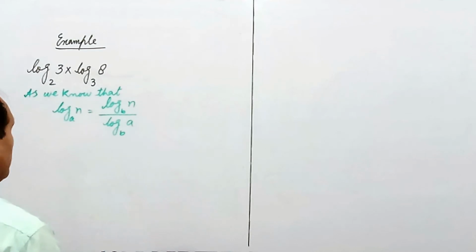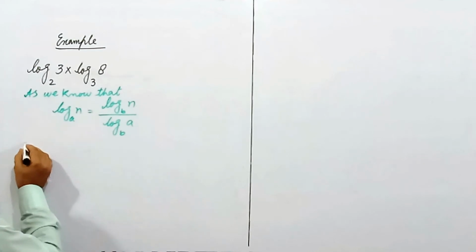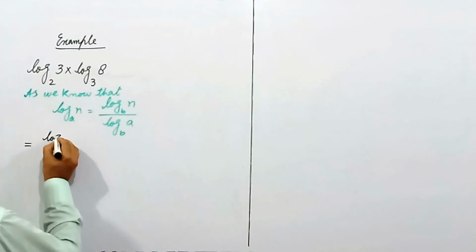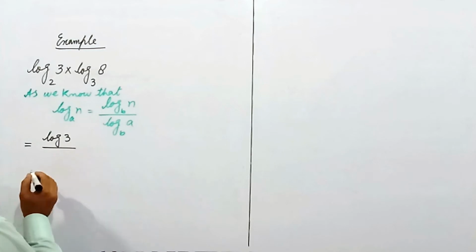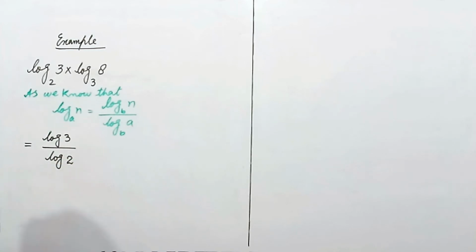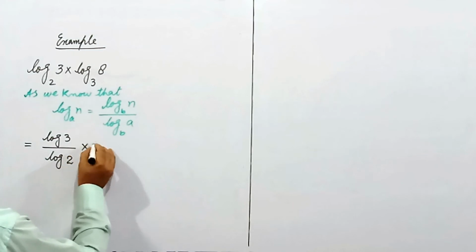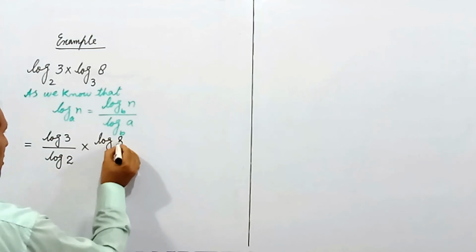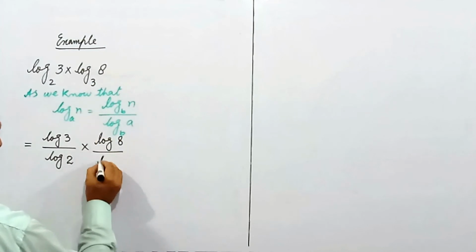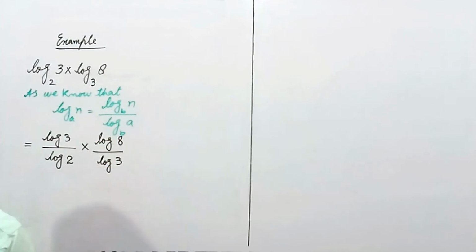We apply it and get log 3 as numerator and log 2, multiplied by log 8 in the numerator, and log 3 in the denominator.